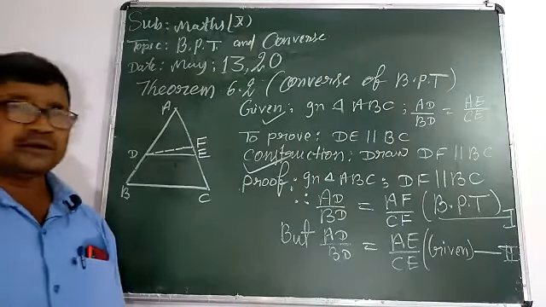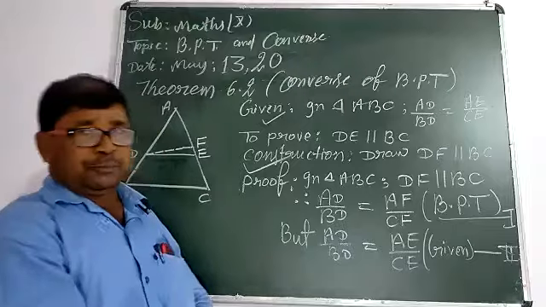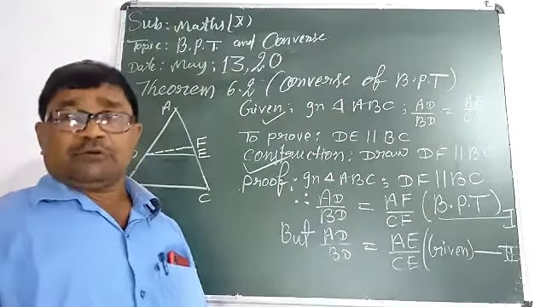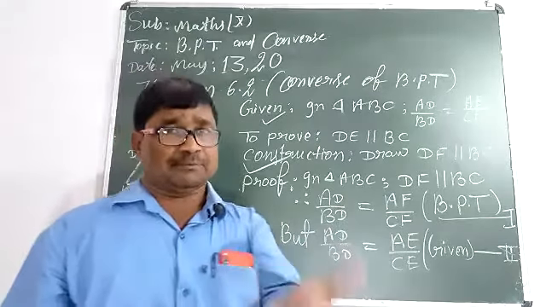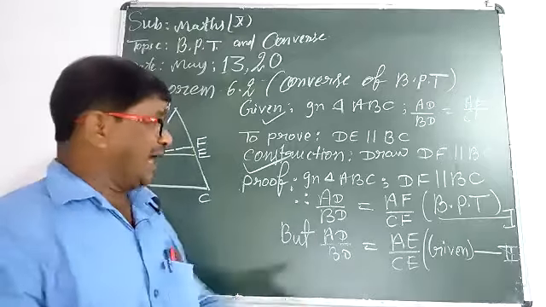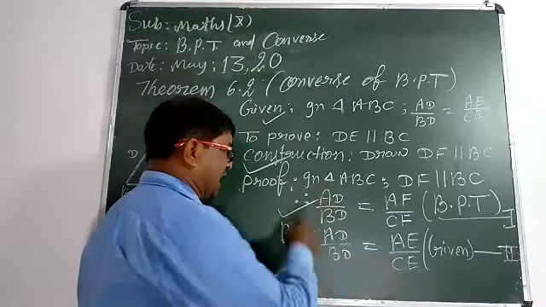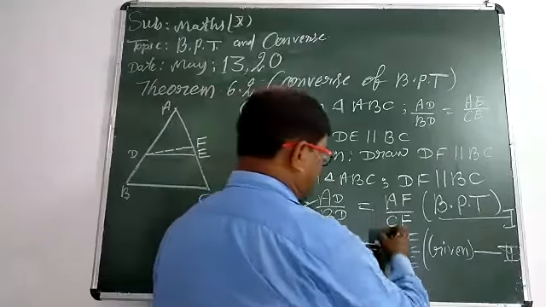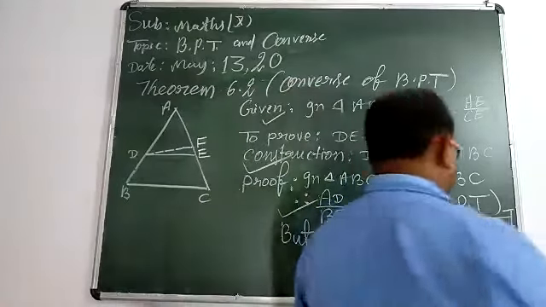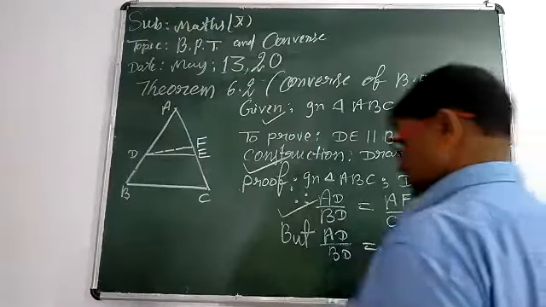Okay? We are going to give our proof. But we have only one formula, that is BPT. So by the help of BPT, one statement is taken out by us, AD upon BD equals AF upon CF. Okay, that is BPT.